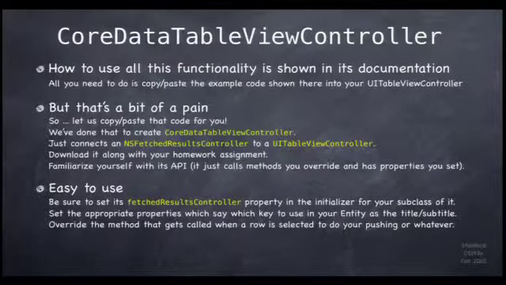The core data table view controller also has a couple of properties for what you want the title to be and what you want the subtitle to be in the table. Basically, which properties in your object that gets queried from the database, title, name, whatever you call it. What's the name of that property, because it needs to know that. And then you override a few methods in core data table view controller, like a method called managed object selected.